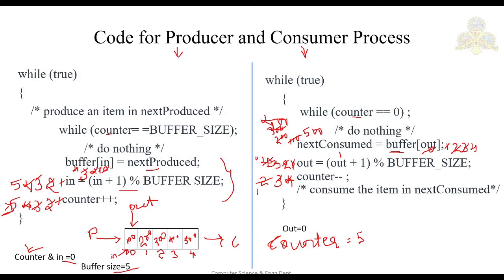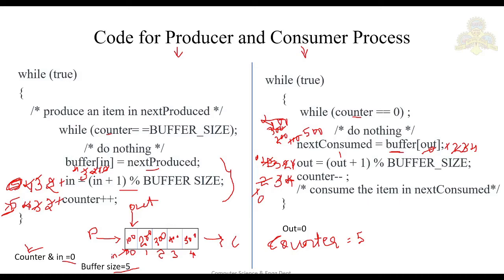You have 0 over here. Fine. Then decrement the counter. It is also 0. Okay. So now check whether while counter is equal to 0. The counter value is 0. 0 is equal to 0, which is true. That means your consumer process, it stays in this while loop until your producer produces an item. Why? Because now this buffer is empty.